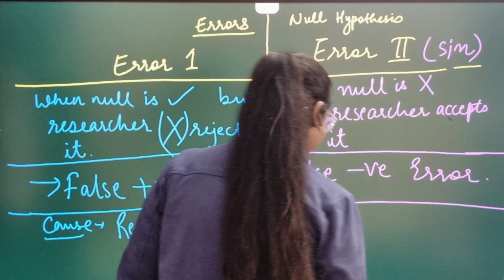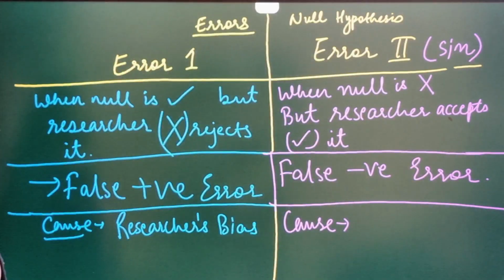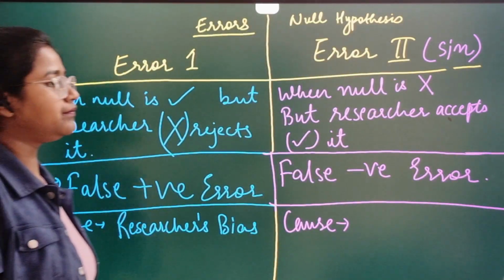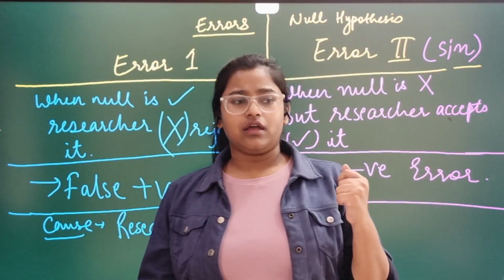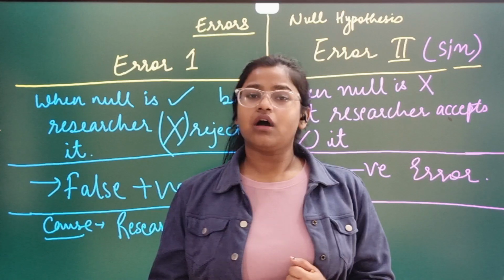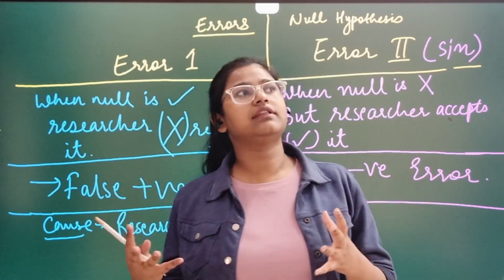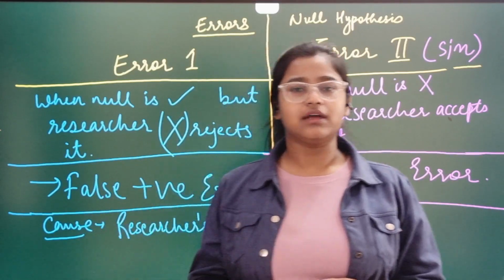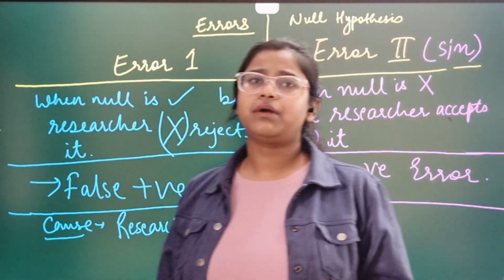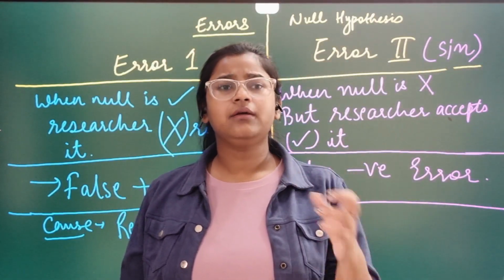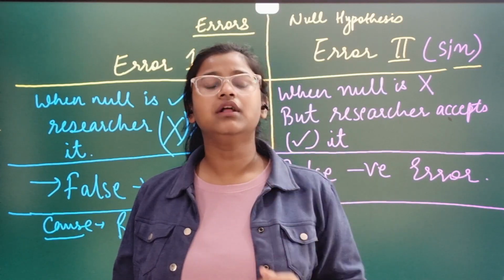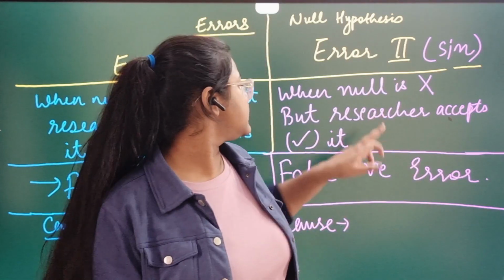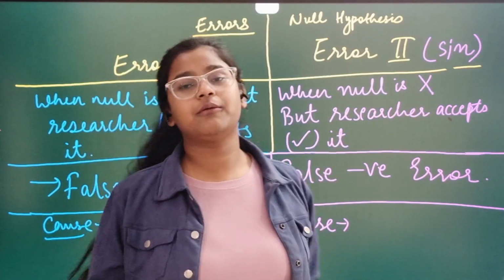What is the cause? Think of it. What is the cause of error 2? If I am doing research and my null hypothesis is wrong, there can be a possibility of personal bias or the researcher's bias, but do you think that is the only parameter for which the researcher will accept the incorrect hypothesis?